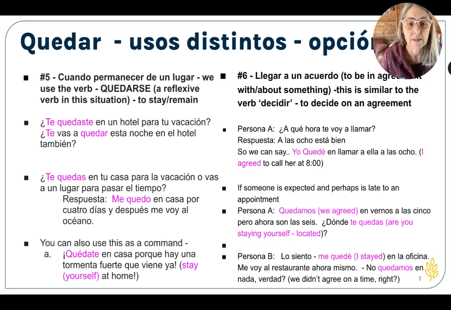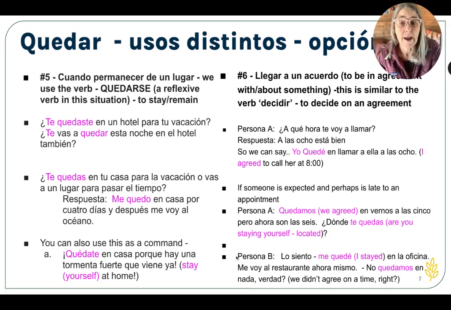So persona B says, bueno, lo siento, me quedé en la oficina. So I stayed. That's use number 5. Me voy al restaurante ahora mismo. No quedamos en nada, ¿verdad? So we didn't agree on anything. So quedar in the second part here, quedamos, is because we agreed or we did not agree on that thing.